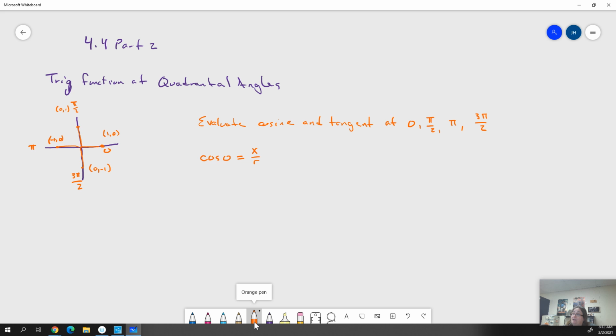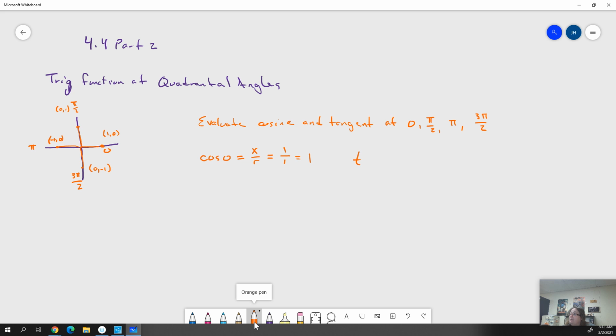It is the distance from here to here, which for us is always going to be 1 unit, right? So our radius is just 1. Cosine is x, so we know we're going to get 1 over the radius, which is 1. So the value of the trig function cosine at 0 is just 1.